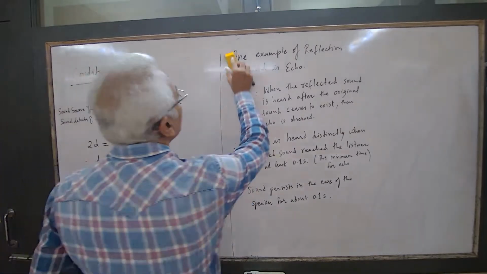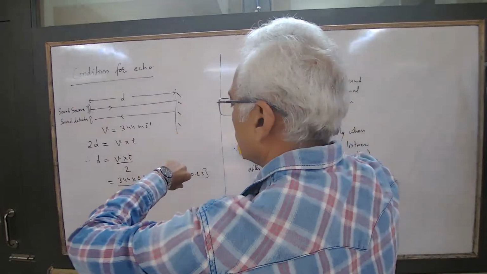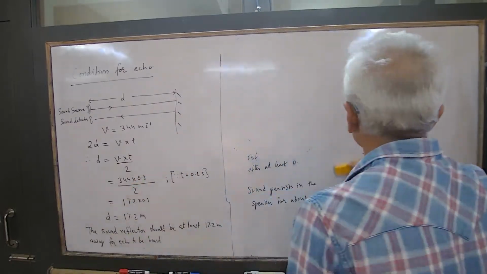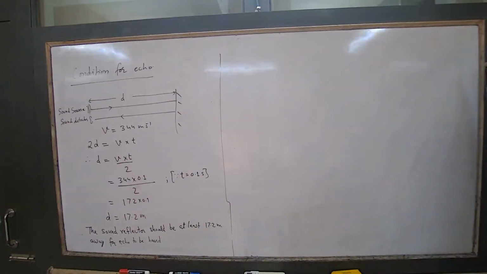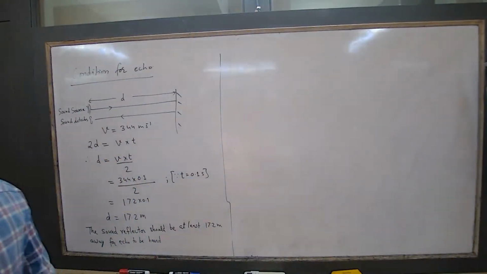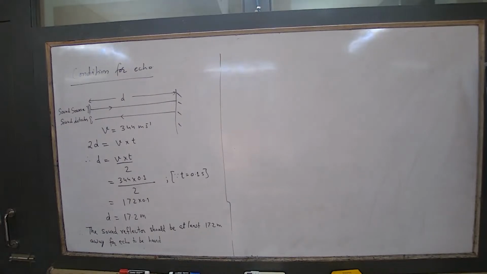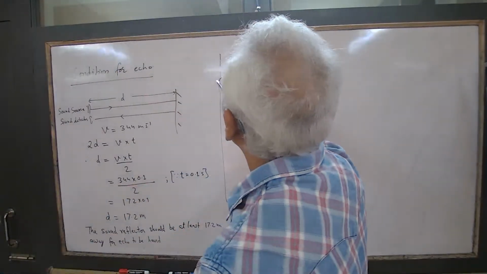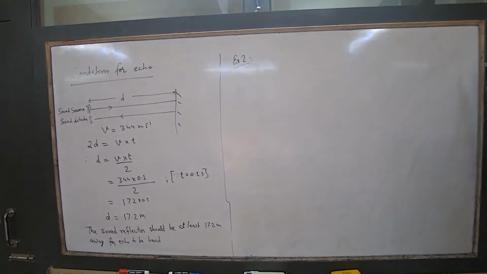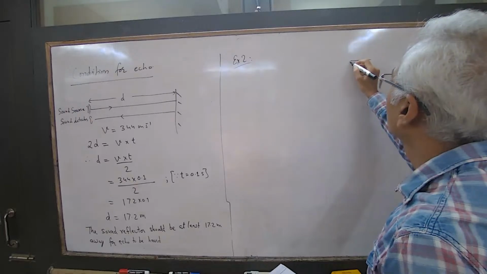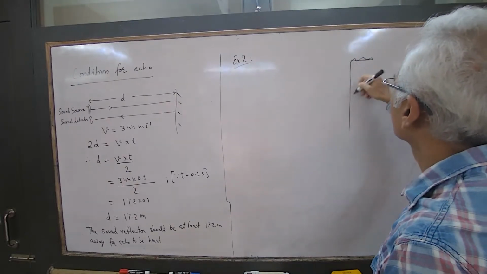Got it? So there is a cliff. Cliff is like some hillside, steep wall.